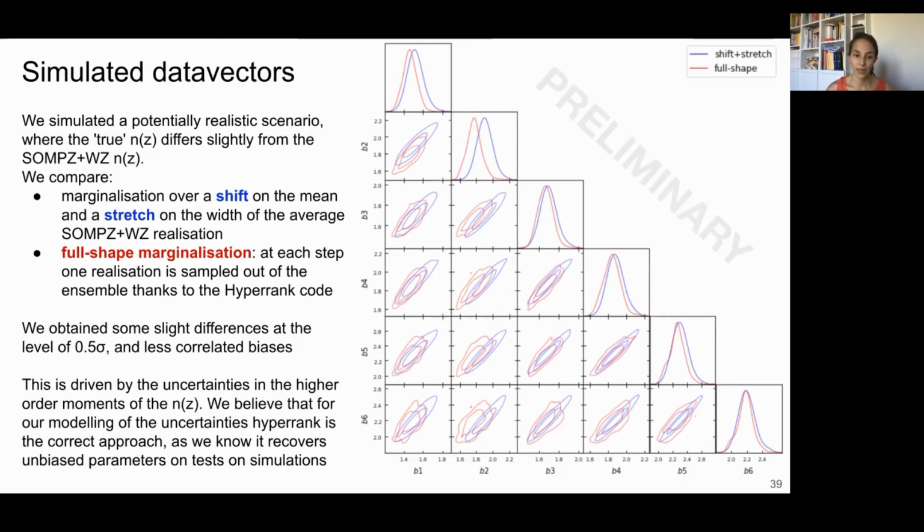So we believe that for our modeling, the HyperRank full shape approach is the most correct. And we have tested also that we are recovering unbiased parameters also in Buzzard simulations.